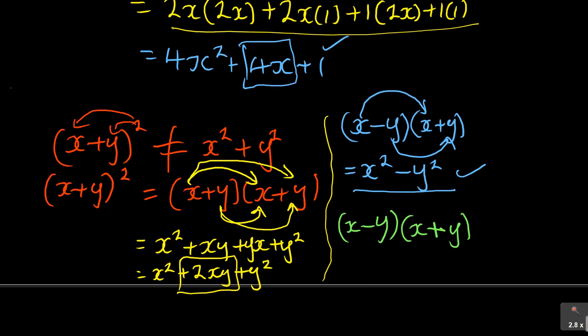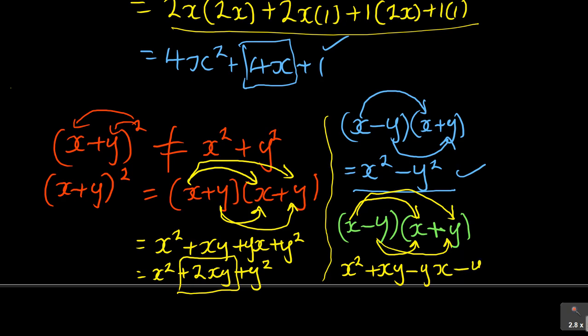I can do it again. So what you have is x times x and x times y. So I'll have x squared and then plus xy, and then I've got minus y times x, which is minus yx, and then minus y times y, which is minus y squared.